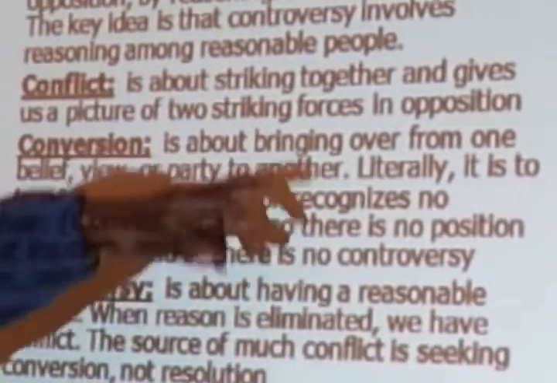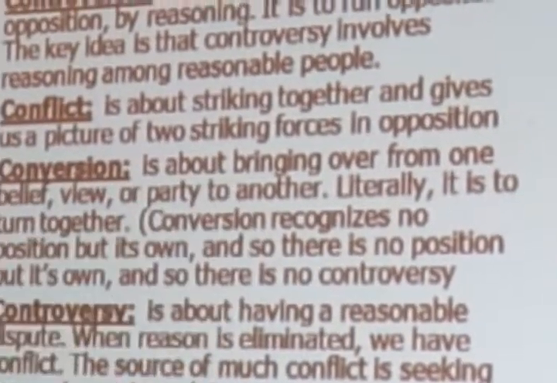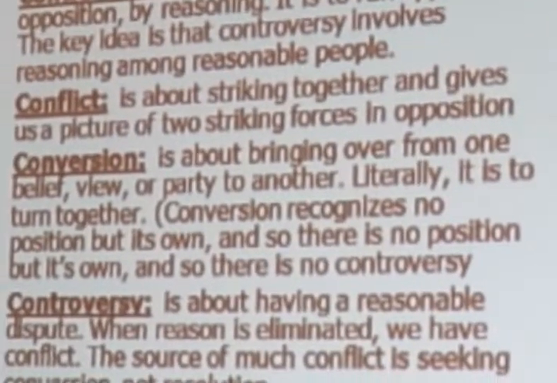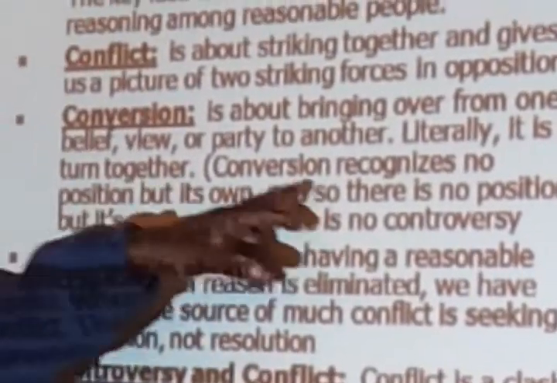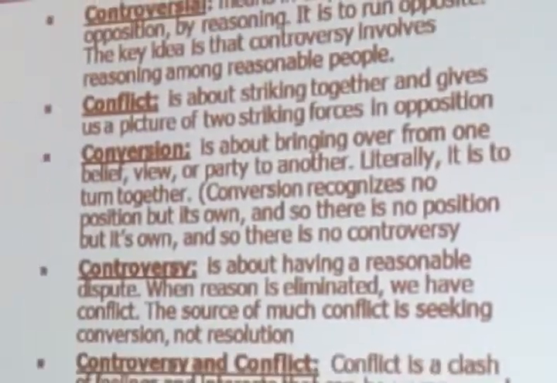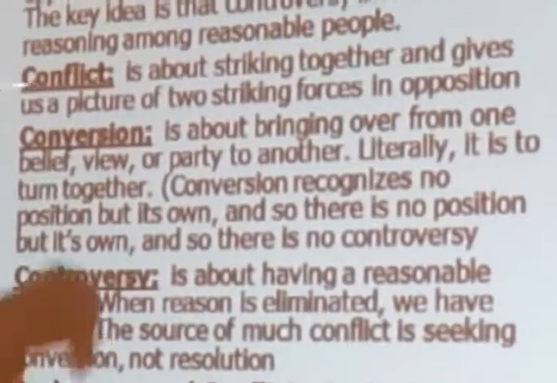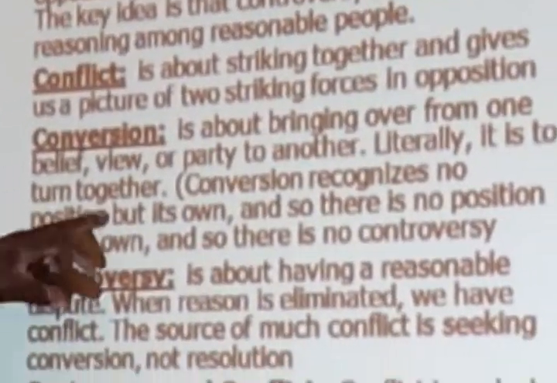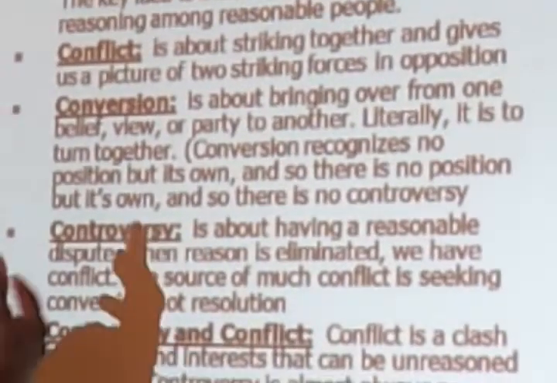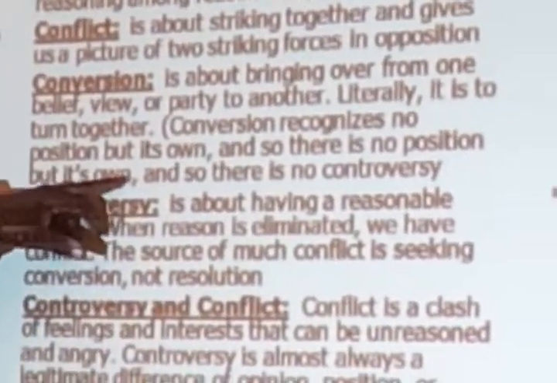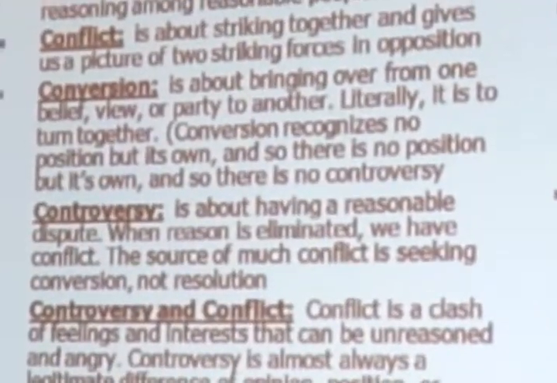Conflict is about striking together and gives us a picture of two striking forces in opposition. Conversion. Conversion is about bringing over from one belief, view, or party to another. Literally, it is to turn together. Conversion recognizes no position but its own, and so there is no controversy.